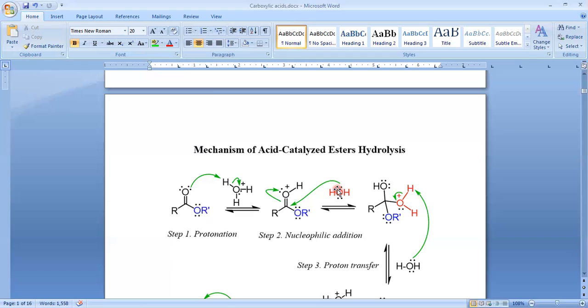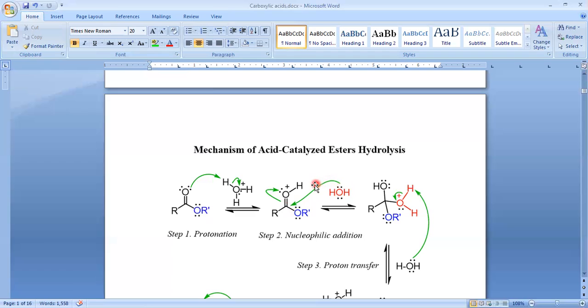So in this reaction mixture we should have two centers: one is an electrophilic center, the second is a nucleophilic center. Here, this carbonyl carbon is an electrophilic center, and the oxygen of water has two lone pairs of electrons, so it can act as a nucleophilic center.